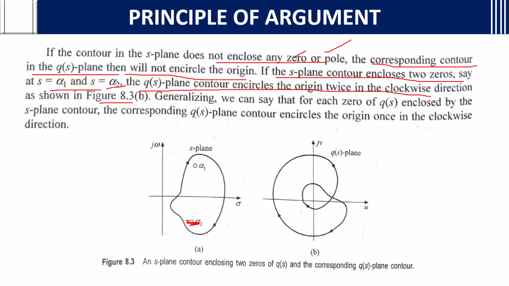As here two zeros are present inside the contour, it encircles one time, and again one more time. So you need to remember that the number of zeros inside the contour is equal to the number of times it will encircle the origin in the clockwise direction.